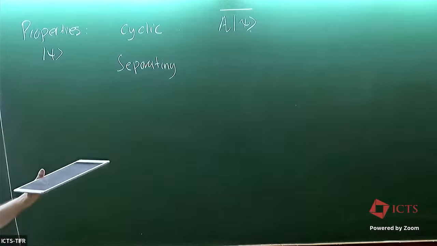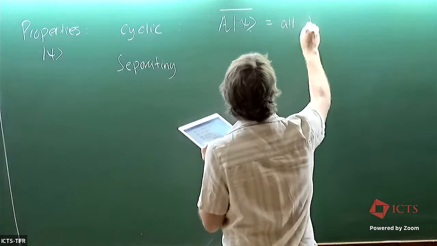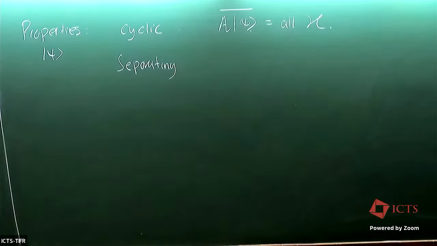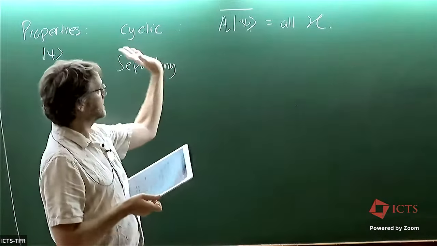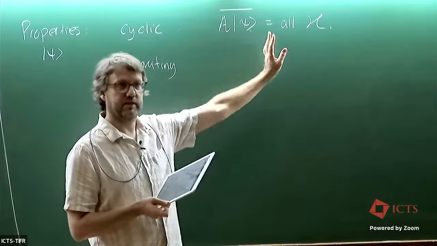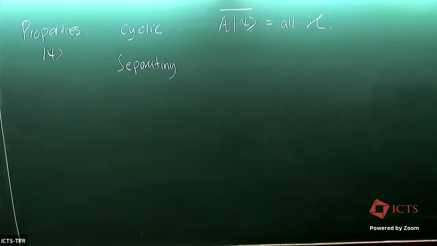So if I take the closure in the Hilbert space norm, I get all of H. This is a useful trick: if I want to talk about any state in the Hilbert space, I can take a cyclic state and act with some operator locally, and approximate it to arbitrary accuracy.